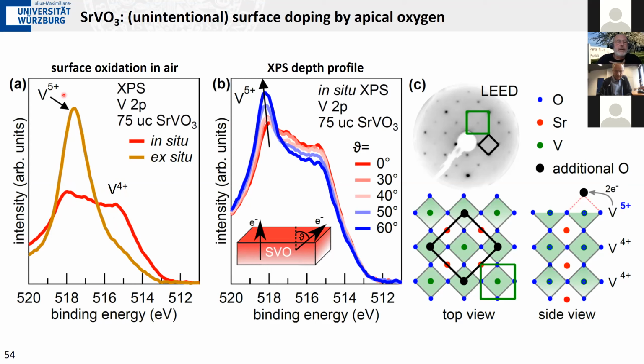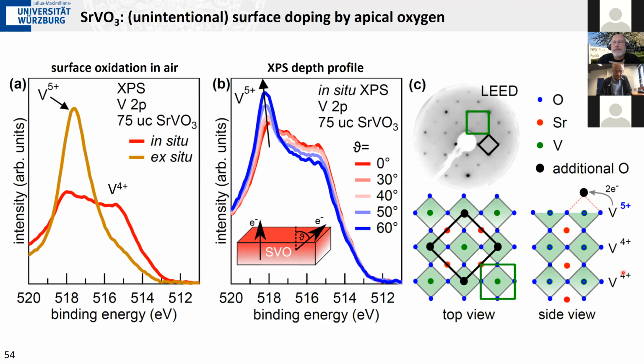So we are in a d0 situation, but we would like to have d1. So how can that be? Again, this is a surface effect, as can be seen here by the angle dependence. As you go to surface sensitive detection, you find that the 5+ signal is increasing. So the problem really happens at the surface.